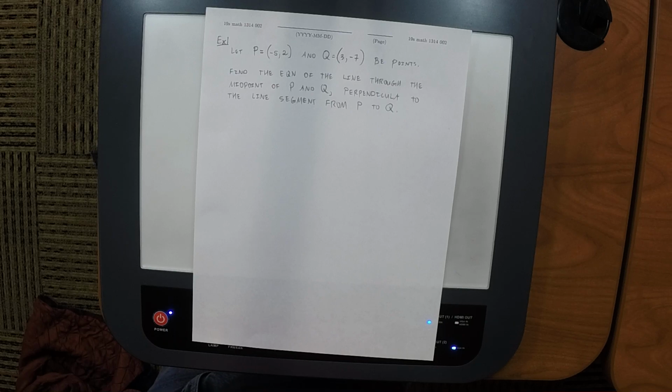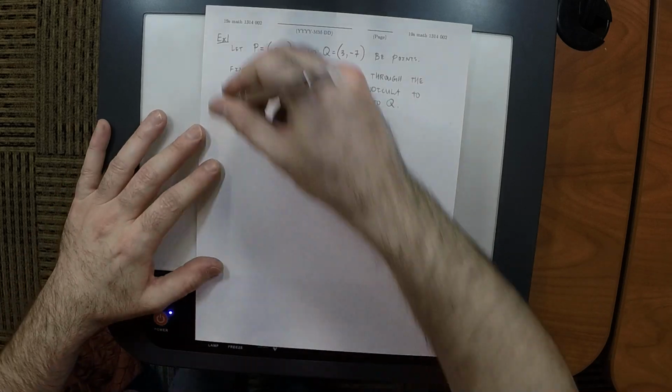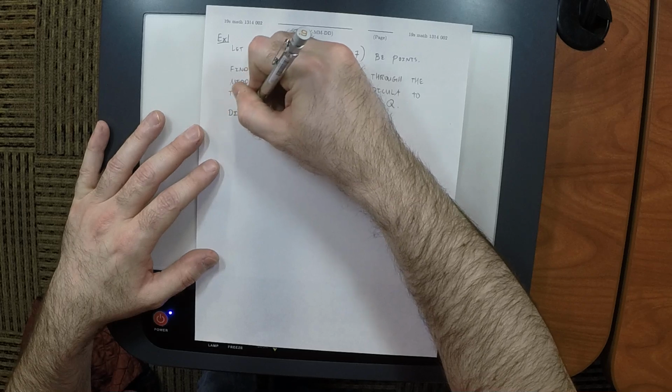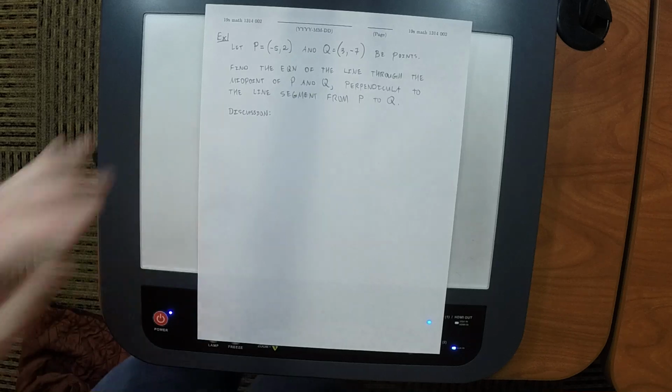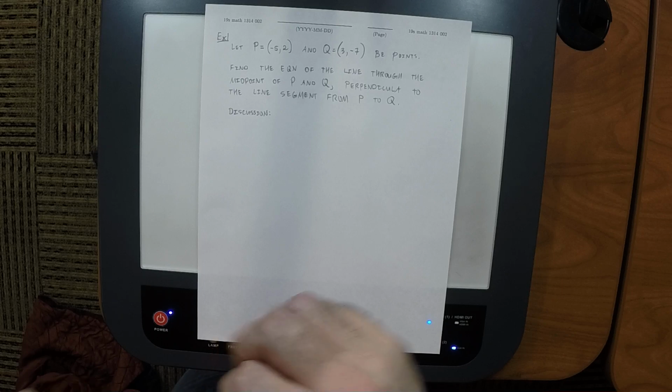So, sort of the ideas or discussion, without solving it yet, just making sure that we understand what needs to occur, is that we need to find the equation of a line, and we have two formulas for such equations.